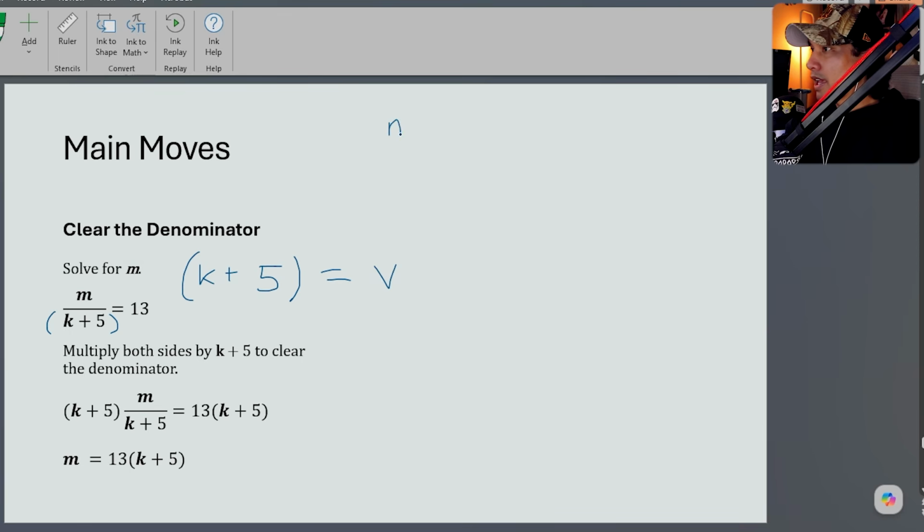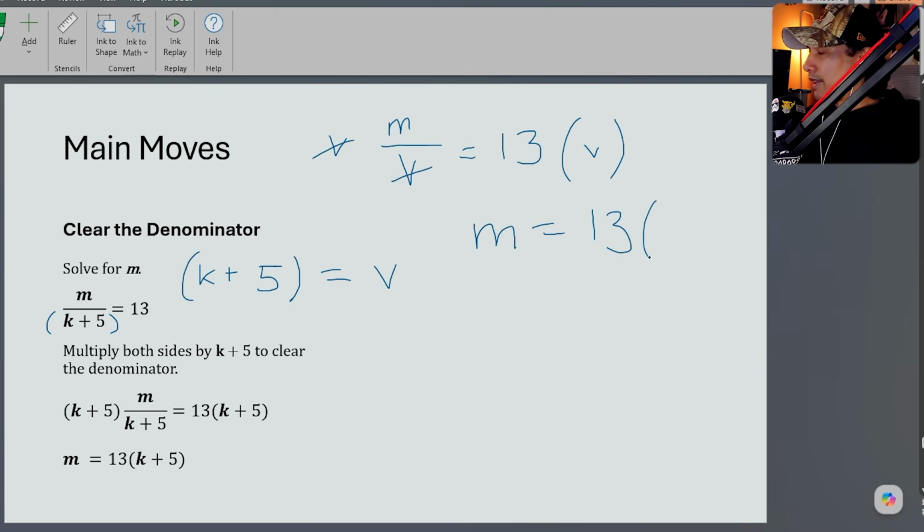And then we have m over v equals 13. And to cancel out the v, we just need to multiply by v. So multiply v on the other side, because what we do on one side, we must do to the other. And then these cancel out, and we're left with m equals 13v.